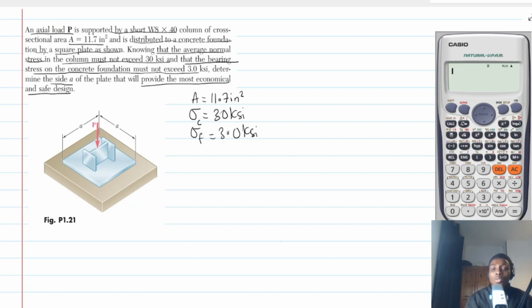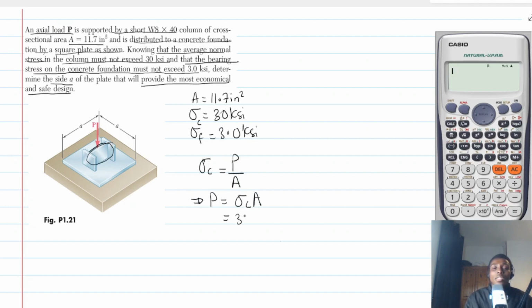So to be able to calculate P, the stress of the column is given, but to find the stress on this column, we need the load divided by the area. In other words, P, which is that load, can be found from the stress multiplied by the area.